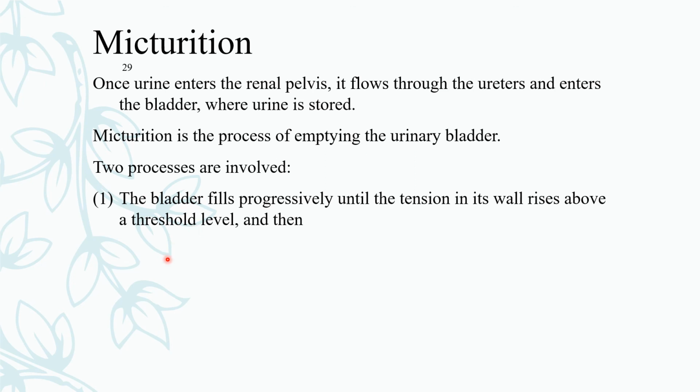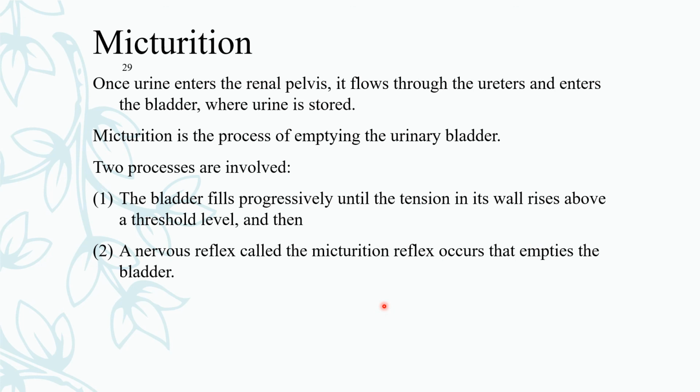So again, when my bladder is empty, it's very small, but as I start to fill my bladder with urine, it's going to stretch the transitional epithelium found in the walls until it rises to a threshold level. Okay. Then we have a nervous reflex that's called the micturition reflex, and this will allow us to empty the bladder.